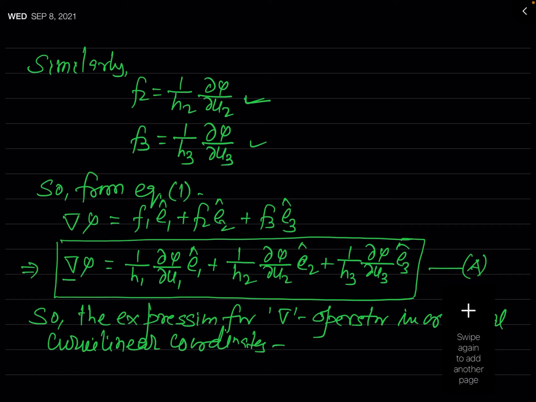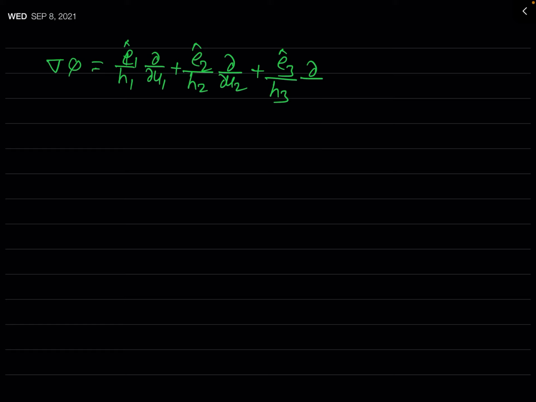For your convenience I am just writing it here, that this del phi can be written as E1 hat over H1 del U1 plus E2 hat over H2 del U2 plus E3 hat over H3 del U3 phi, and here is also phi.